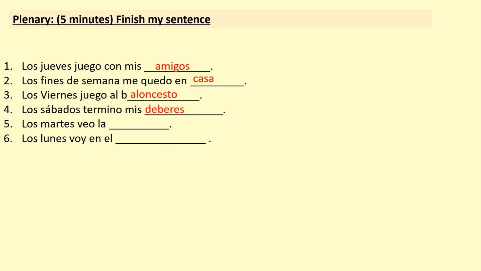Los martes veo la televisión. And remember as well, there is an accent on your I of televisión. Okay, and número 6. Los lunes voy en el campo. Excelente. Again, you can pause your video Year 7 if you want to make any changes there.